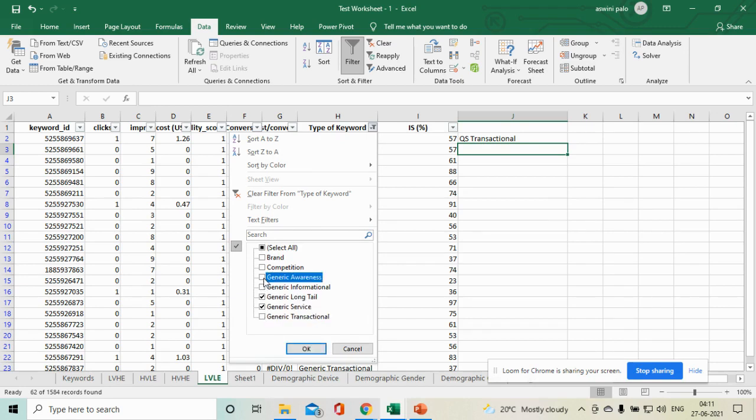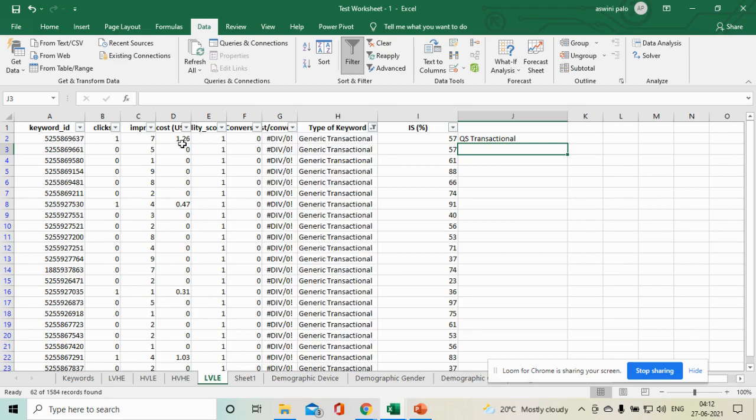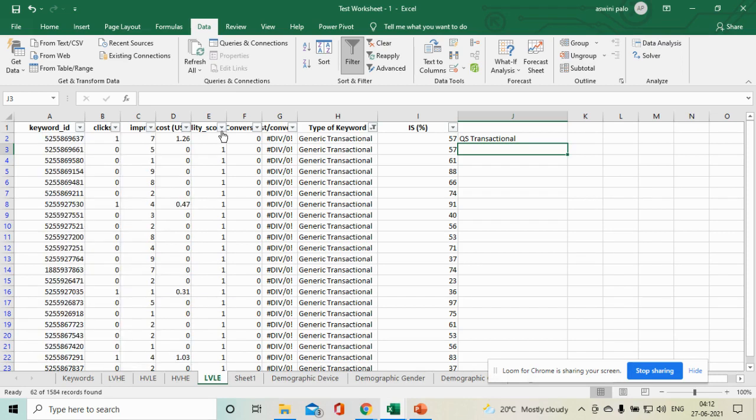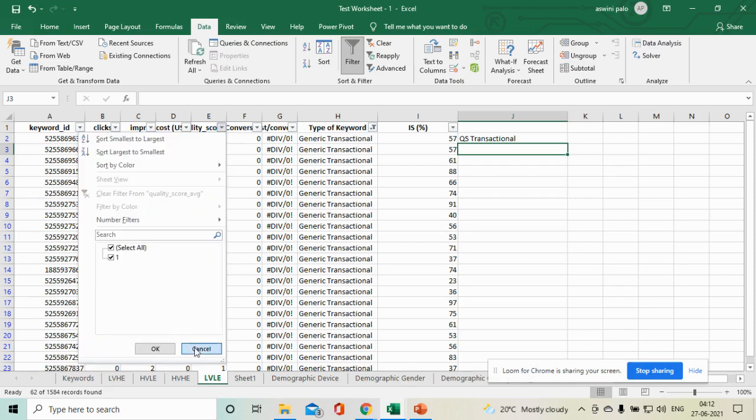If they are playing an important role, keep them, improve their quality scores. If the quality score is really high, then check for how many days they are not performing. If they are not performing, then just close them out. Okay, so that's how you can optimize your campaigns.